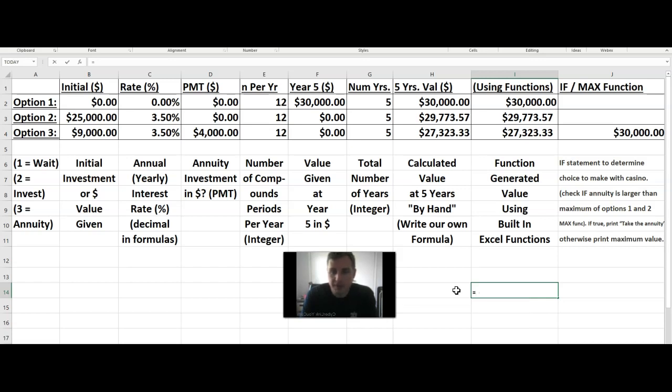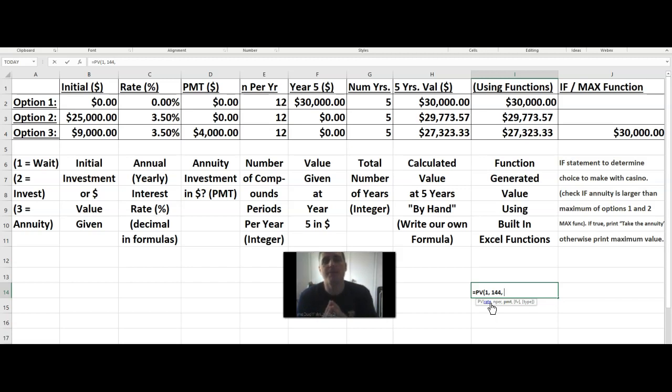PV, present value. Again, it asks for an interest rate and a number of periods, so I'm just going to put in some fake numbers here. And then this time it asks for a payment.